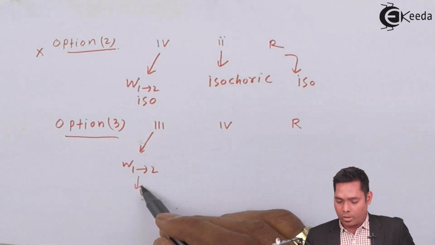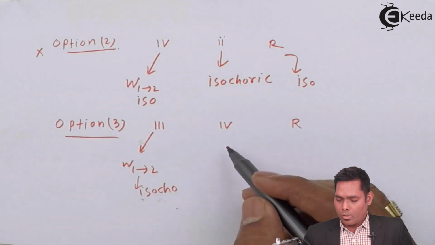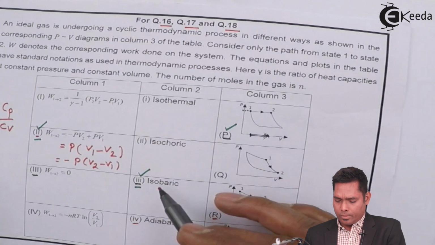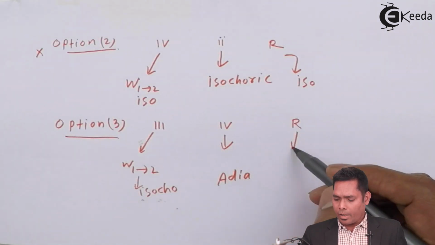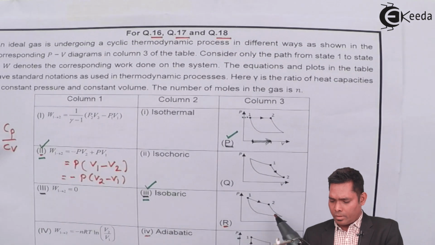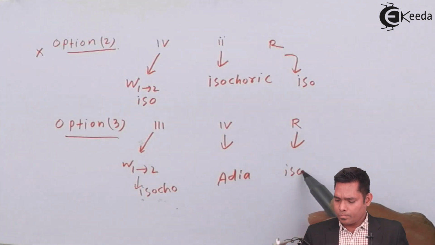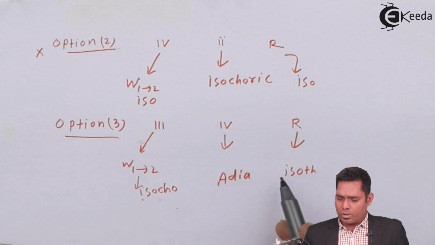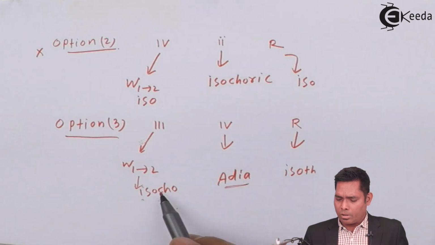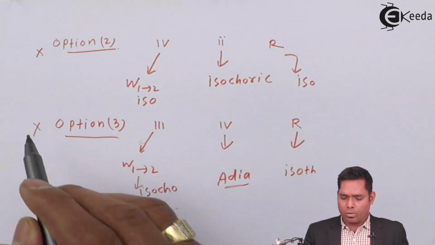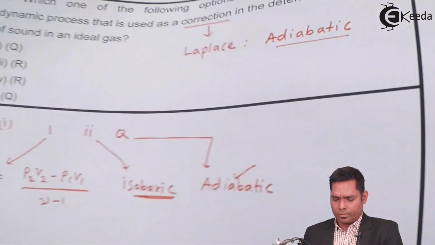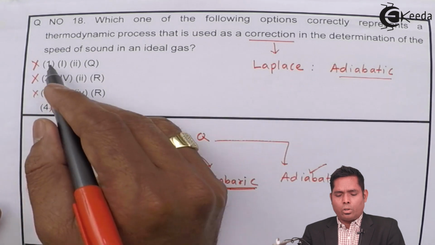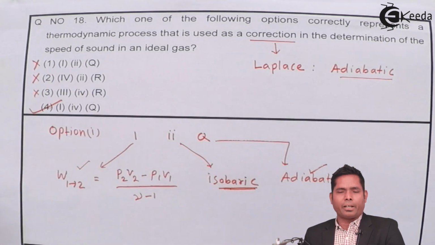The fourth one is adiabatic, and R is isothermal. So it is not matching. Only this one is okay, but these two are not matching. So this option is also wrong. So 3 are wrong, the fourth must be right.